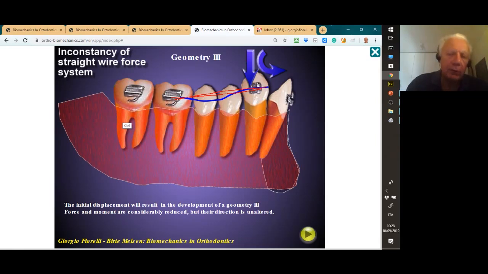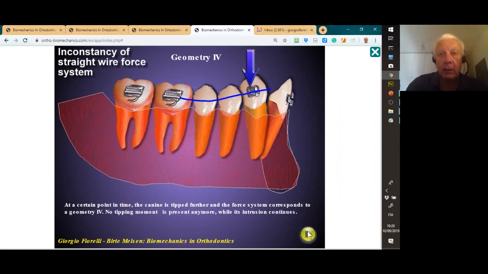The moment to force ratio and the force and the moment are different, but the direction of the force and the moment are the same. So even if I'm not sure exactly what is going to happen, I'm going on with the same direction of intrusion and inclination to the distal. Until, if I see here, I got in geometry 4.